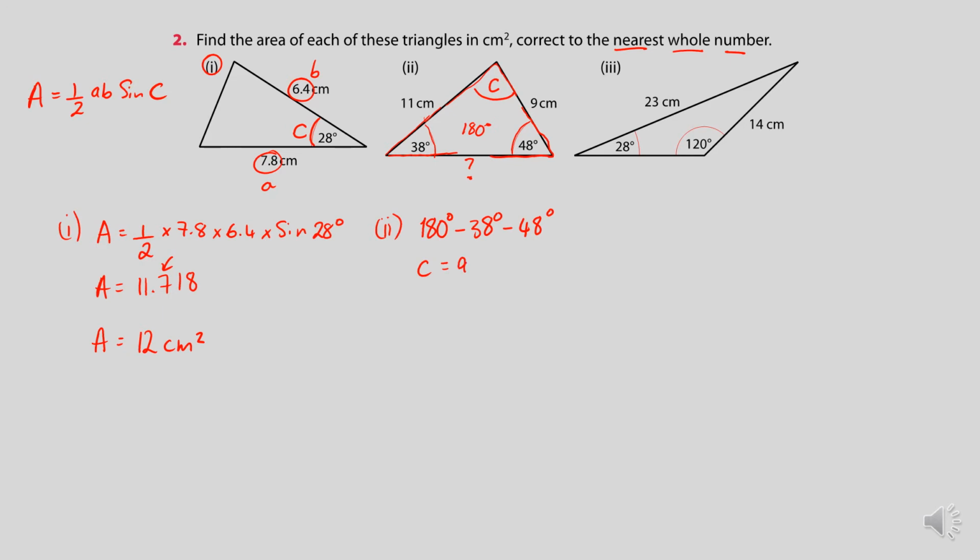So angle C is 94 degrees, and let's let 11 be a and 9 be b.